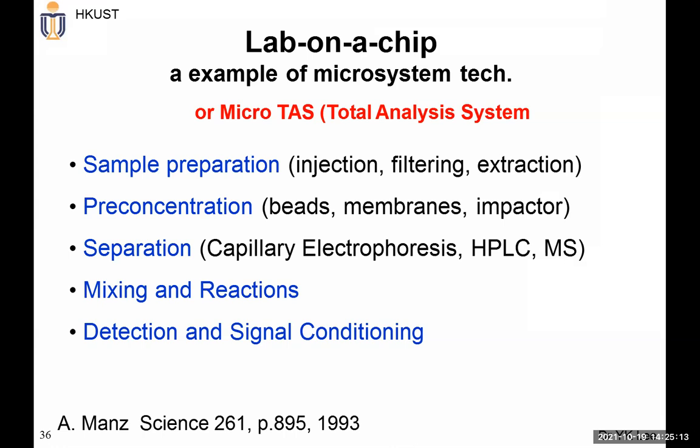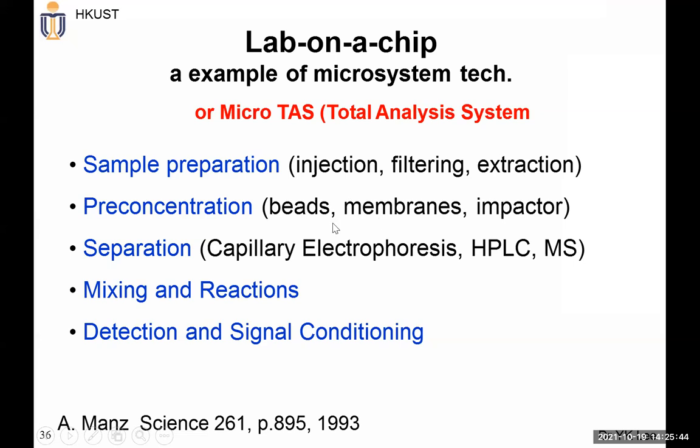This includes sample preparation, for example, COVID-19 testing, where the doctor or some medical professional takes a sample from you. Then sometimes the concentration of the pathogen or virus is too low, so we may do some filtering, extraction, or pre-concentration.